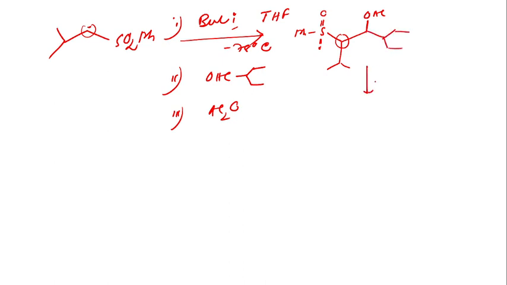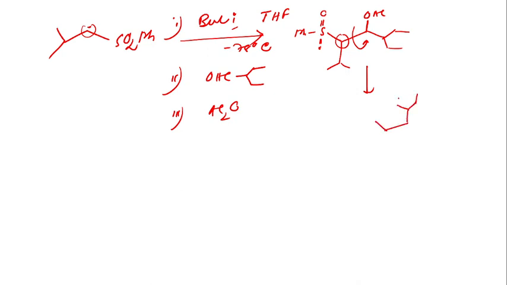Now again same thing as the Julia olefination. Now you look, this will not be in this format. This will rotate round because of steric reasons, because these two groups have to be in anti positions. If they rotate round, what are we going to get?